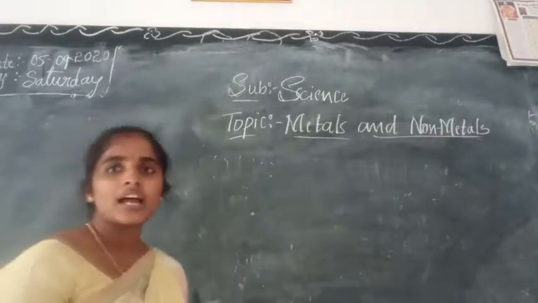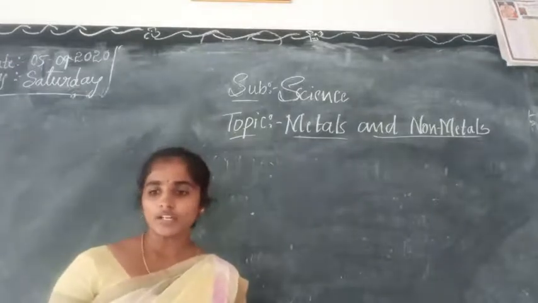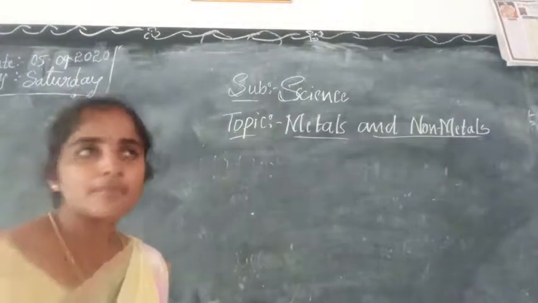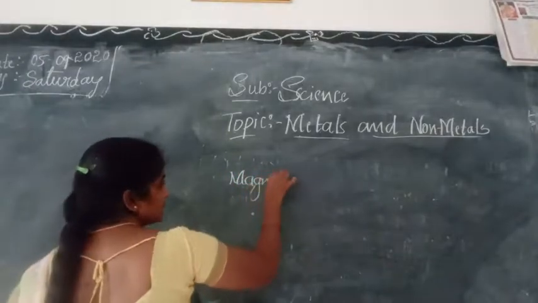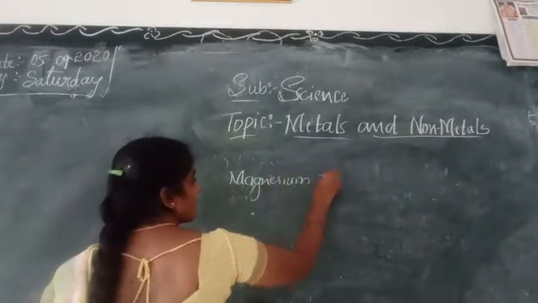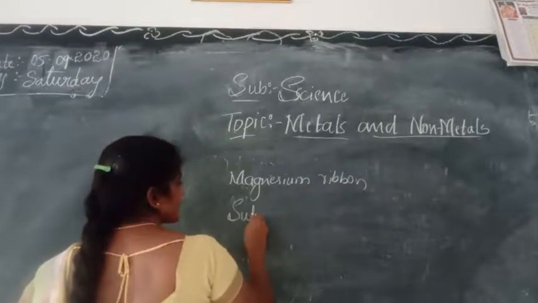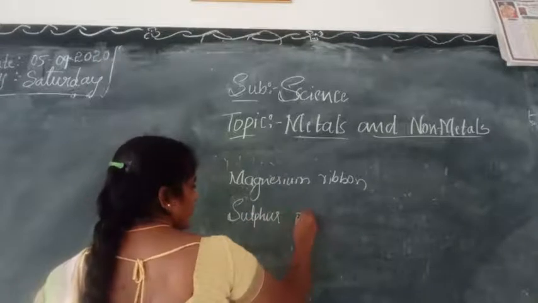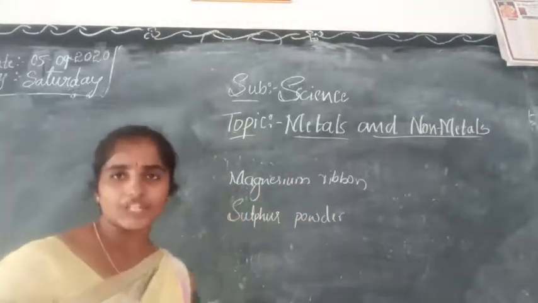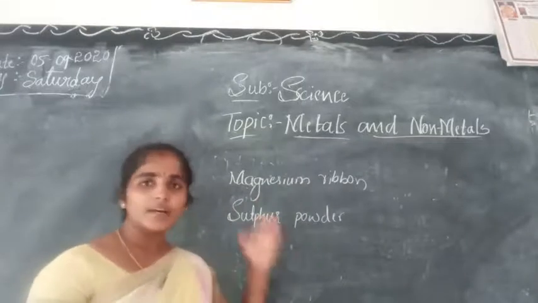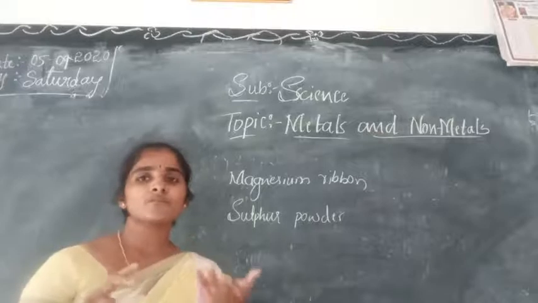Next, I will tell you about one of the experiments. Take a magnesium ribbon and sulfur powder separately. First, burn the magnesium ribbon and collect the ash.